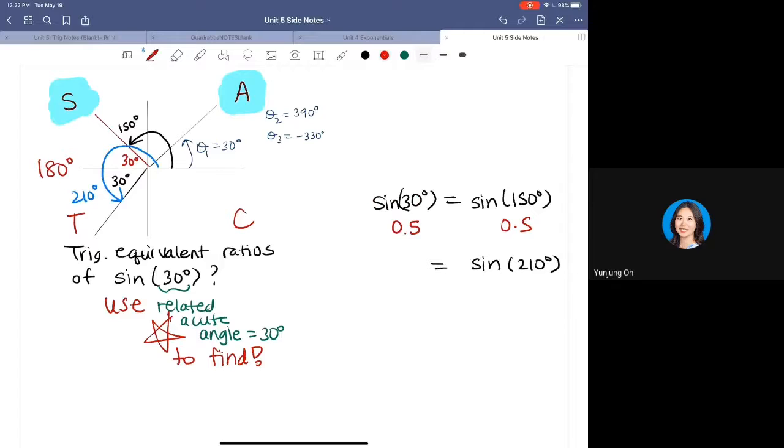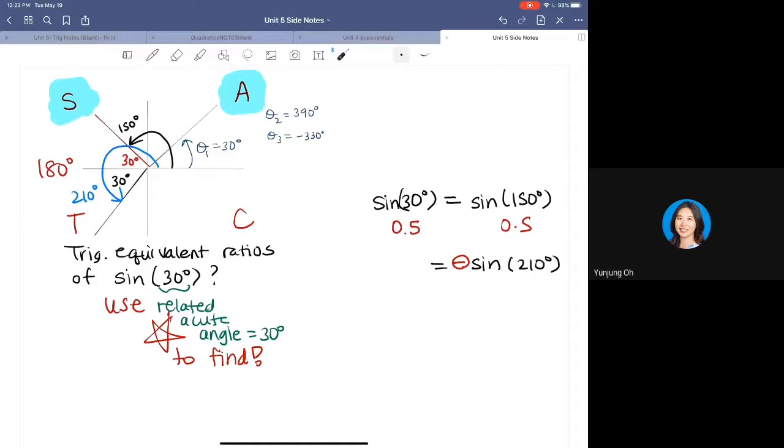I have to put a negative there, because on my calculator, when I do sine 210, I get negative 0.5. These are positive, but it's negative over here. So as soon as you're making these angles where it's not the same sign, you can still make it work, but you have to put the negative. Yeah, so that's the part.